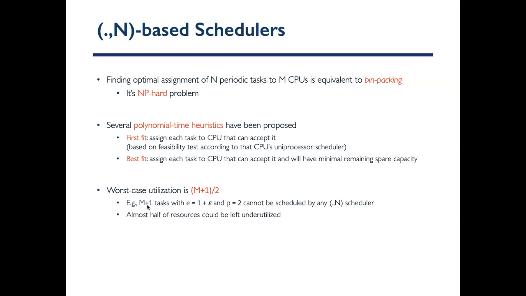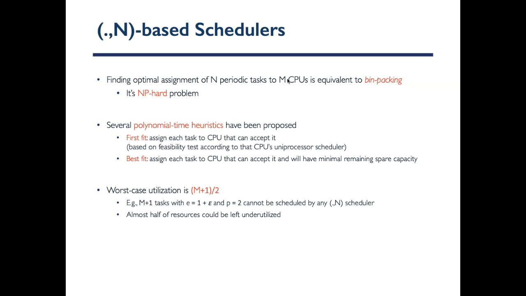And what is the utilization of this task set? It's basically (m+1)/2. It has an epsilon, but if this epsilon is small enough, then it gets as close as you want to (m+1)/2. And this is really bad, right? Because you would imagine if you have m CPUs, you can schedule task sets that have a utilization all the way up to m.